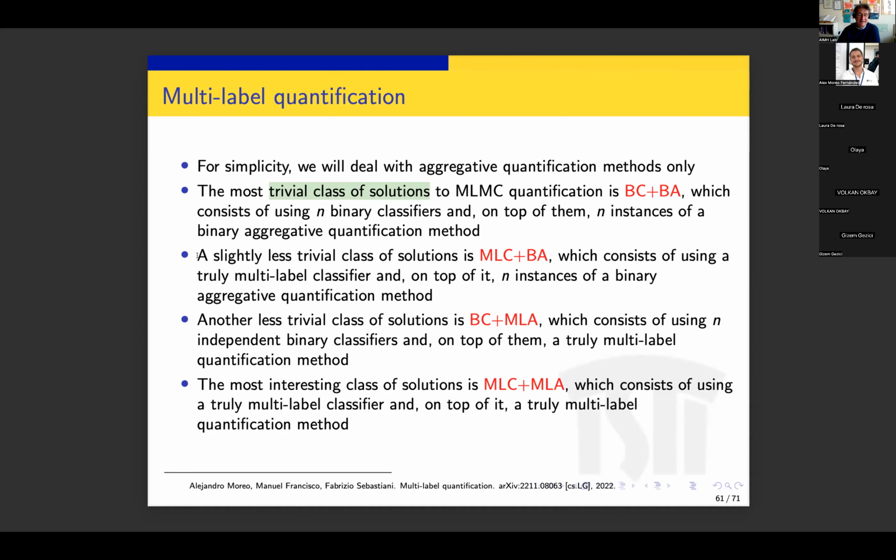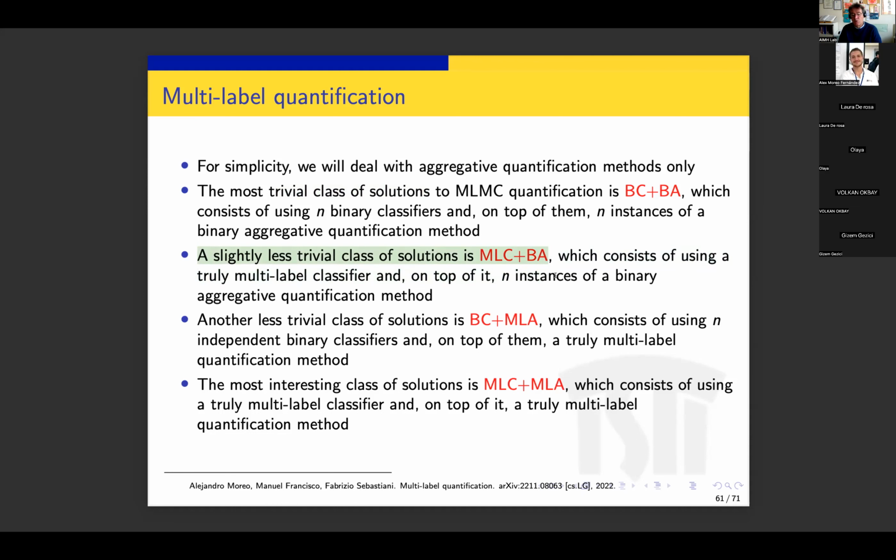There is a slightly less trivial class of solutions, which is what we call MLC plus BA, multi-label classification plus binary aggregation. This consists of, instead of taking n different binary classifiers, taking a truly multi-label classifier. I will not cover truly multi-label classifiers here. There is a large literature on how to leverage the stochastic correlations between the classes in classification.